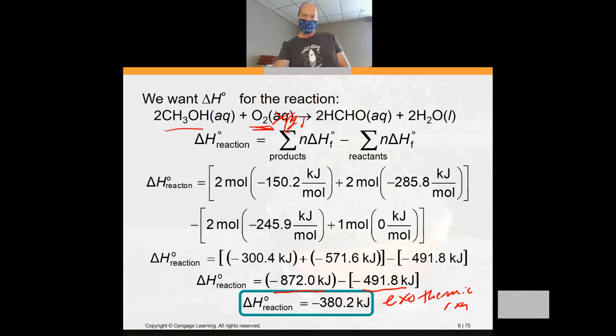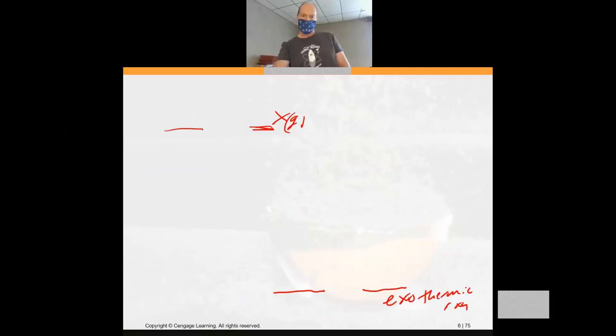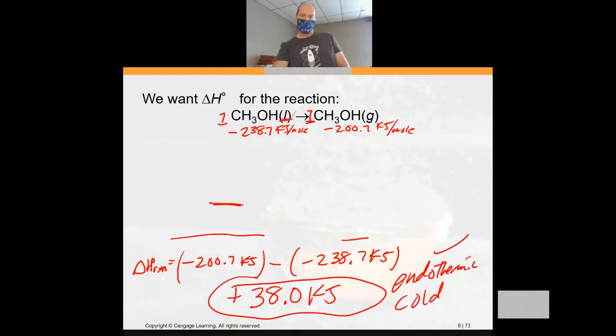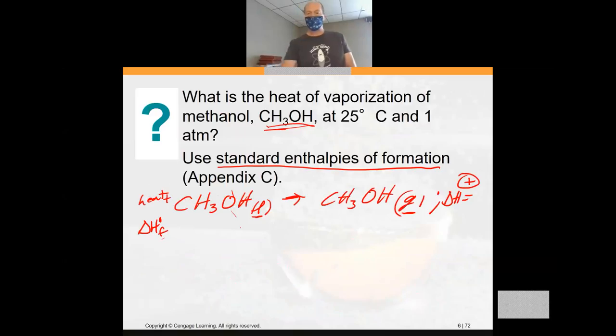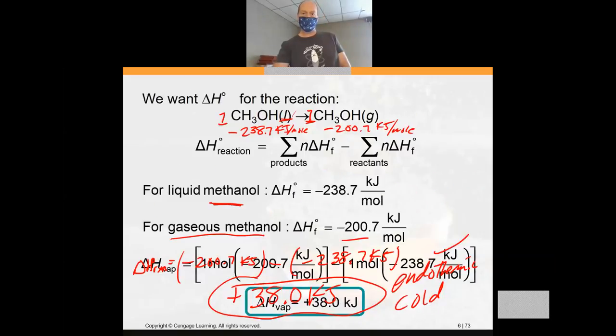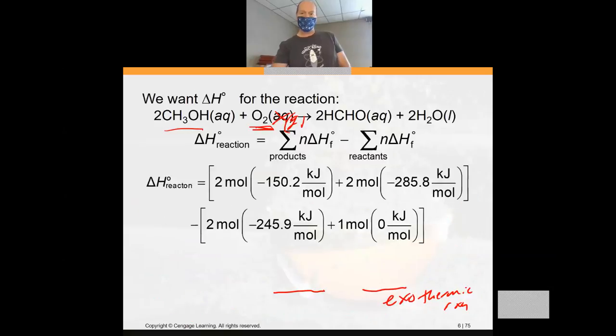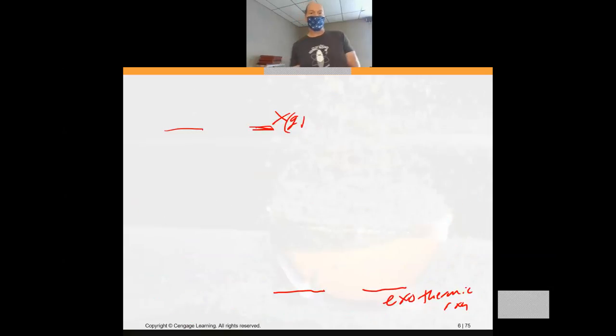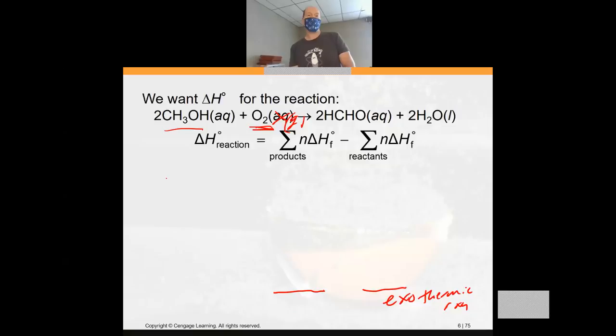All right. Let's do, so we have, all right, so let's write the reaction for the delta H naught formation for CH3OH.